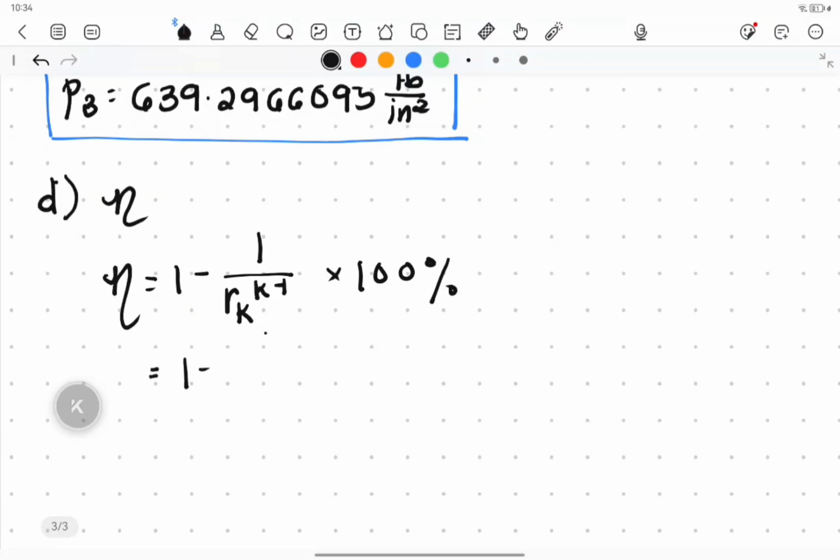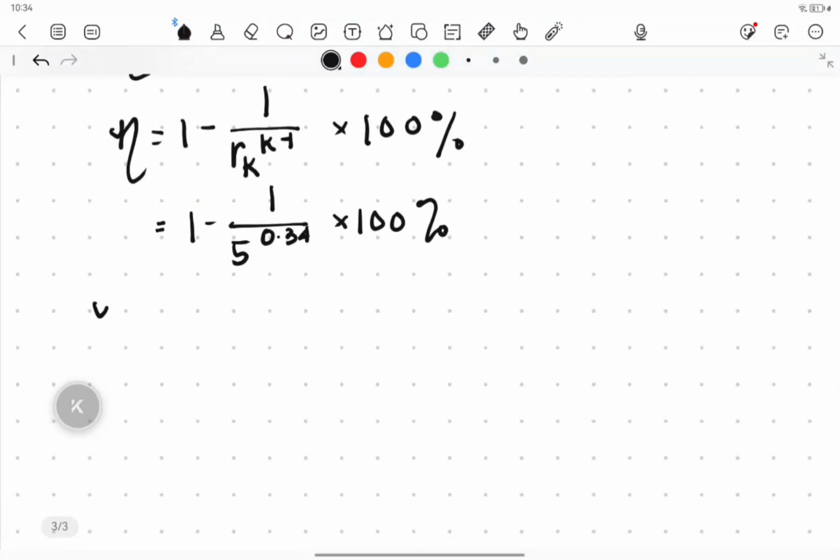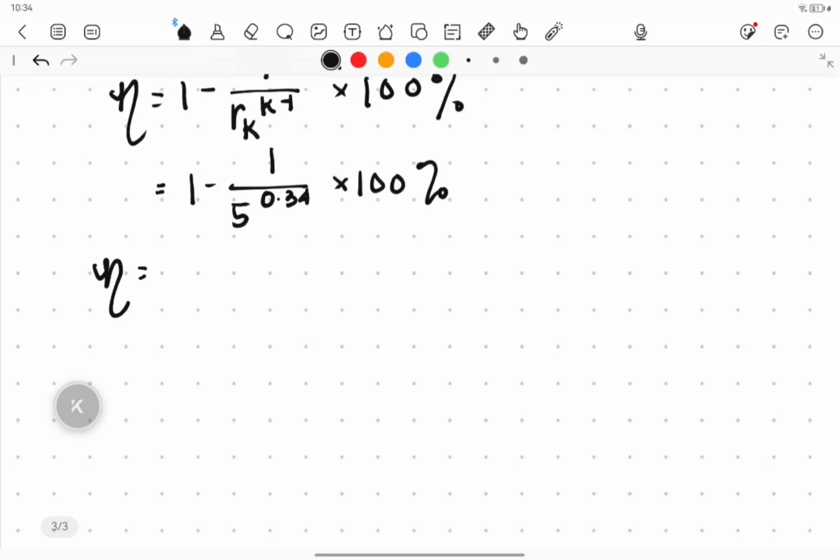So our answer is 1 minus 1 over 5 raised to 0.34 times 100%. And our efficiency is 42.143761%.